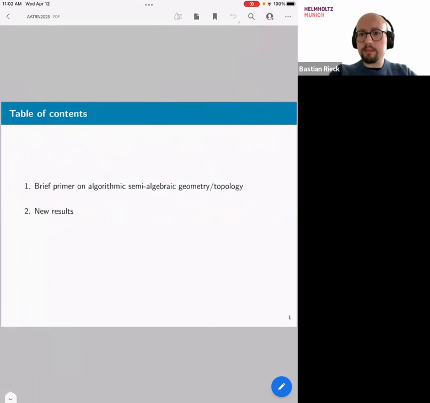So I'll try to begin with a brief primer on what algorithmic semi-algebraic geometry or topology is about. And then I'll talk about two new results on approximating semi-algebraic sets up to homotopy by finite simplicial complexes.